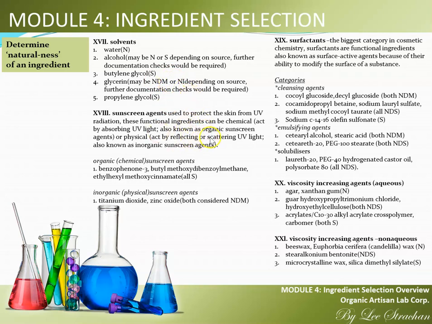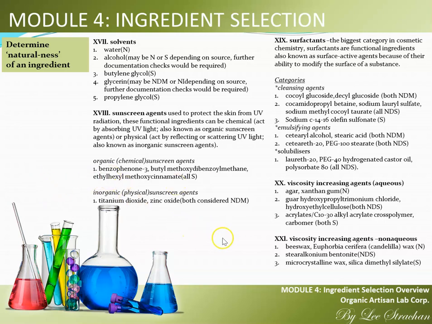Sunscreen agents, yeah, so I've listed all those here to correctly identify how natural this particular ingredient you're using in your formula is, so that you have an exact claim of your product after writing a formula and offering this particular product to the consumer.